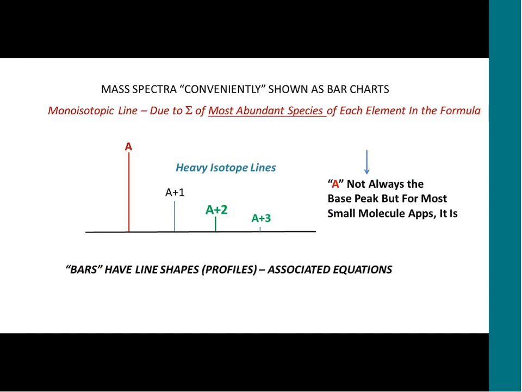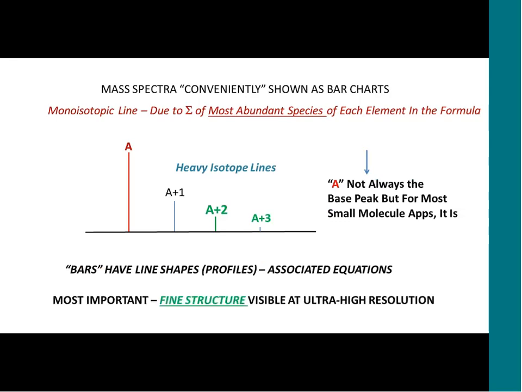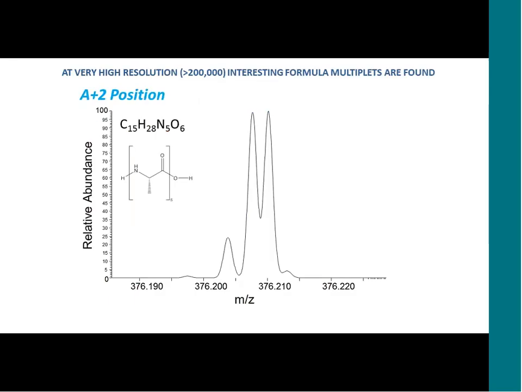So the bars have line shapes, they have profiles, and because they have profiles, they have associated equations that describe these profiles. And in the case of FTMS data, it is a Lorentz line shape. Most important, fine structure is visible in these A+1, A+2, and A+3 lines at ultra-high resolution.